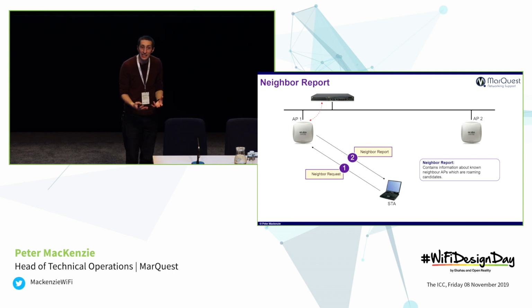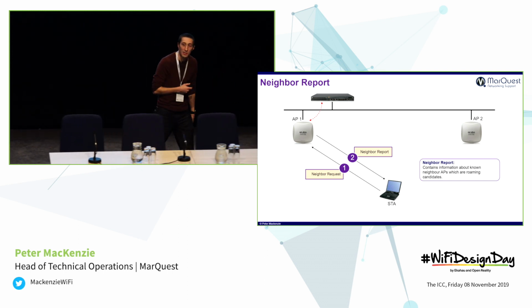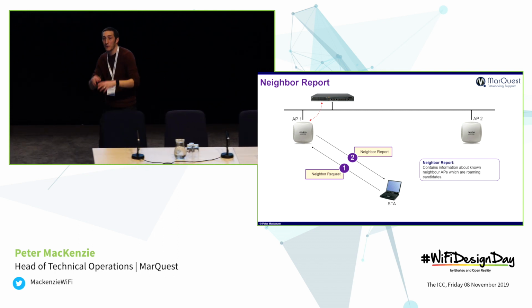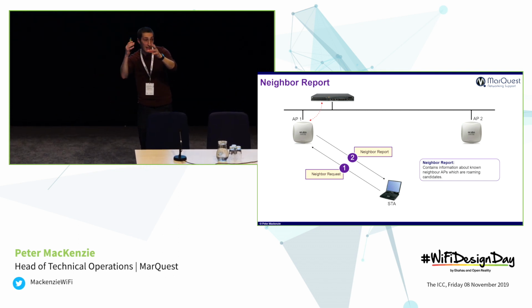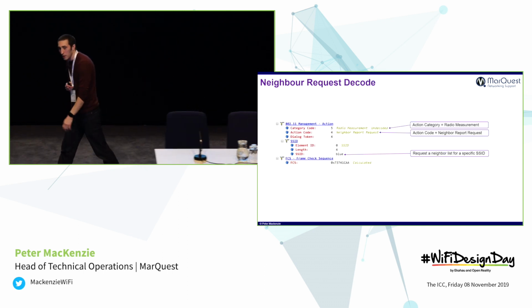But now it's got a list, so it can just scan and probe on those 3 channels, and it can quickly find out about a better AP and make a quicker, better informed decision. And it's not having to do so much off-channel scanning. In fact, if it completely trusts the AP, it could just go onto that one channel of the AP it picks and probe and connect on that channel. So it can make quicker roaming decisions.